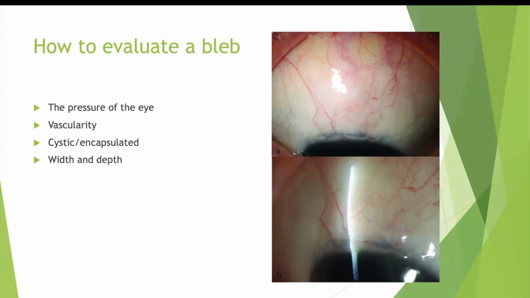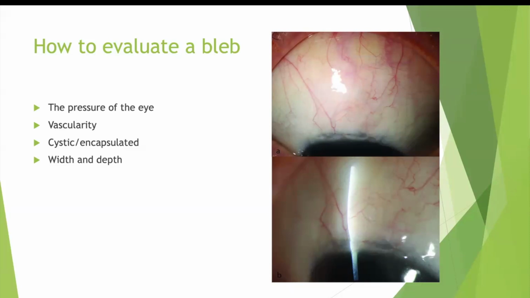If it starts to look a bit cystic or encapsulated, what this basically means is that it has started to wall off. Now, if you think about it, this bleb basically just goes ad infinitum to the back of the eye. If it starts to cyst off and wall off and encapsulate, that fluid no longer has anywhere to go, and it doesn't drain to the back under the conj, which then means it's no longer draining, and then the pressure comes up.